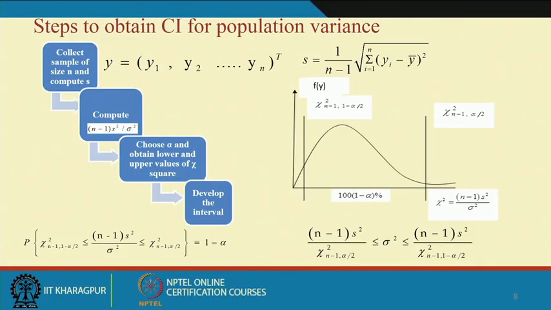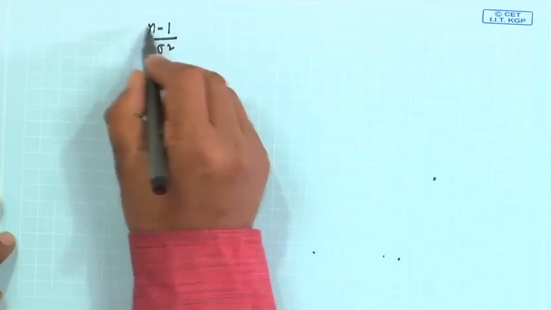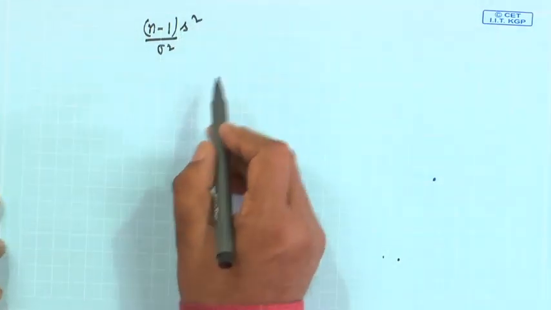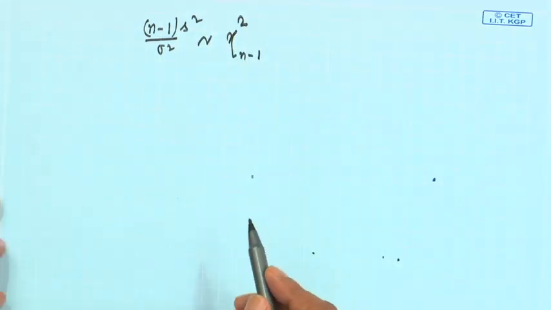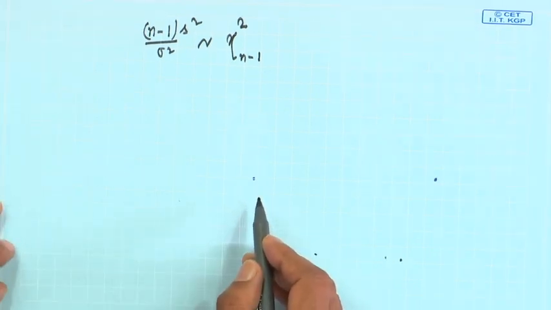Now come to the second one, the population variance. So, single population variance. Here is what you will do basically. If you recall the last lecture, we created (n minus 1) by sigma square into s square, and we said that this quantity follows a chi-square distribution with n minus 1 degrees of freedom.